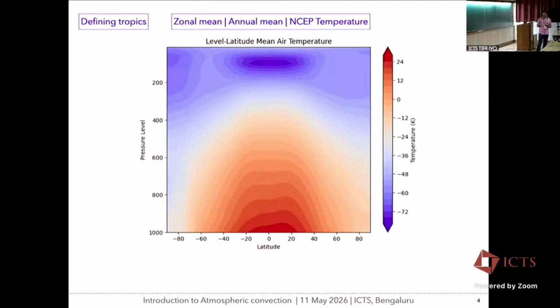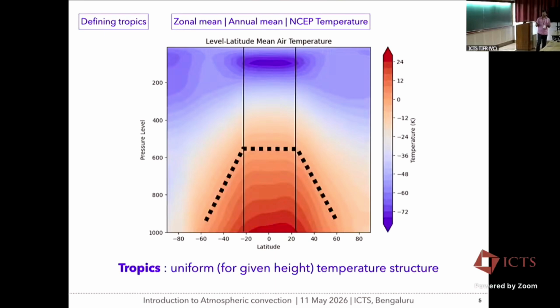This is my attempt to give you an idea of what that is. From this plot, we define the tropics as the region where temperature is reasonably homogeneous. It doesn't vary much. Over the extratropics or mid-latitudes, the temperature gradient is much stronger than over the tropics.